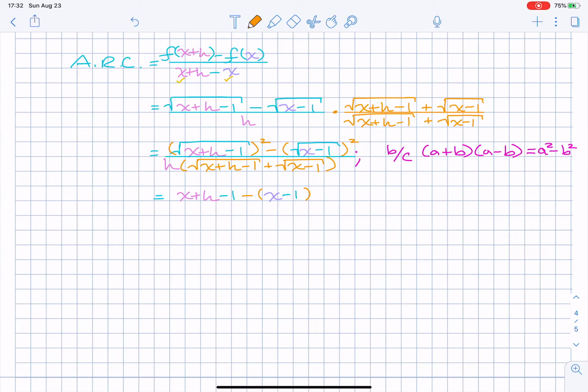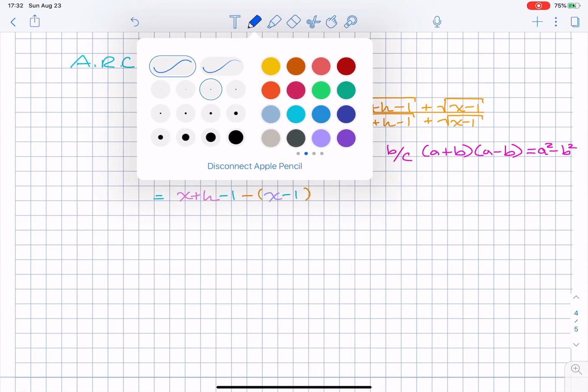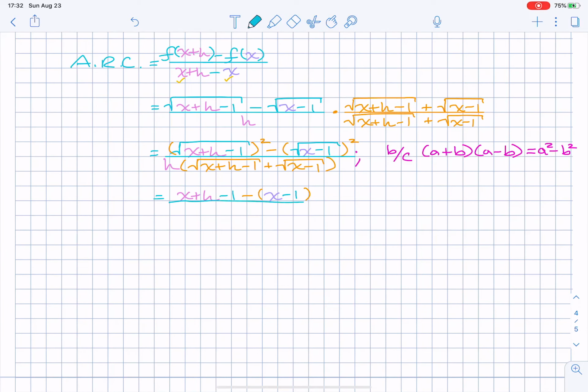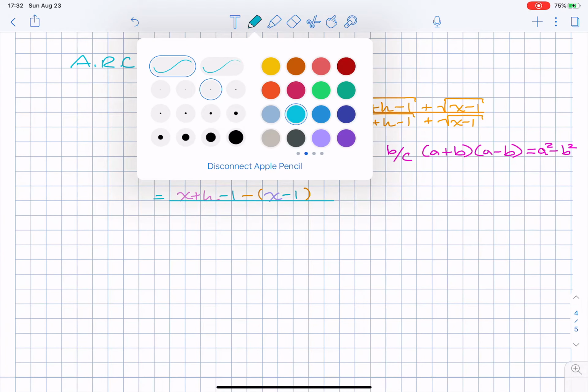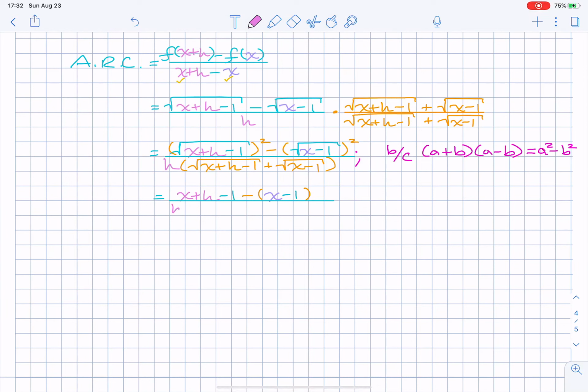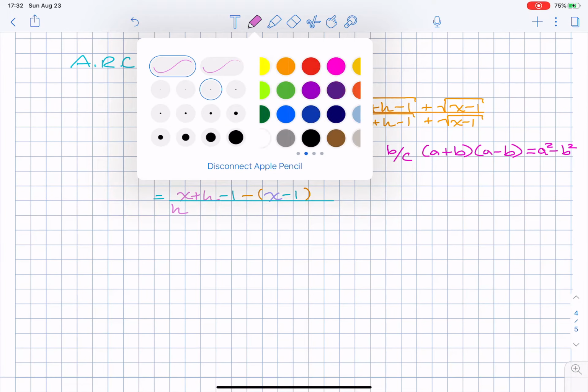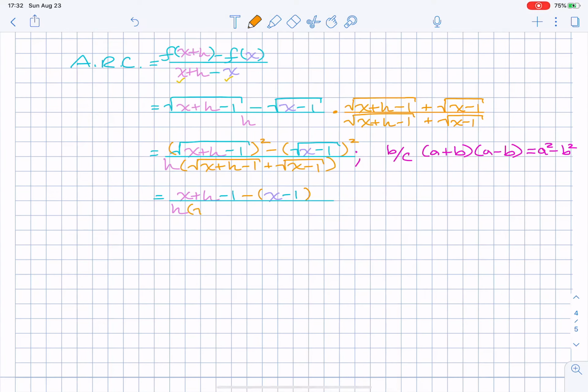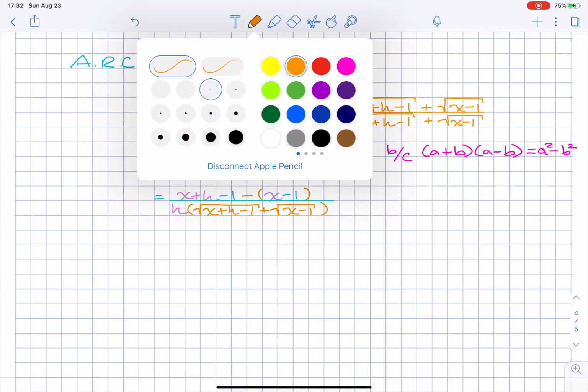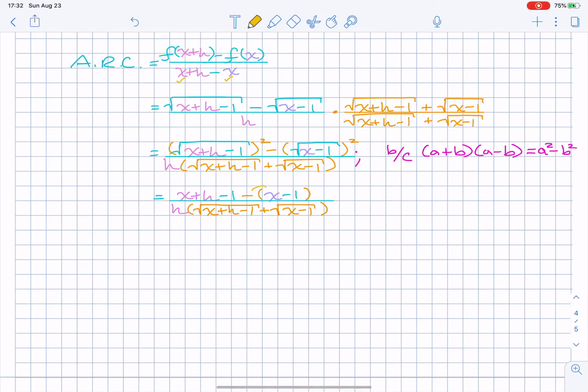All divided by h times the quantity, root x plus h minus 1, plus the square root of x minus 1. Okay, so now let's go ahead and distribute this negative inside this parenthetical.